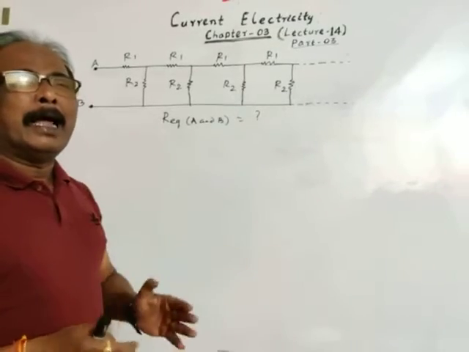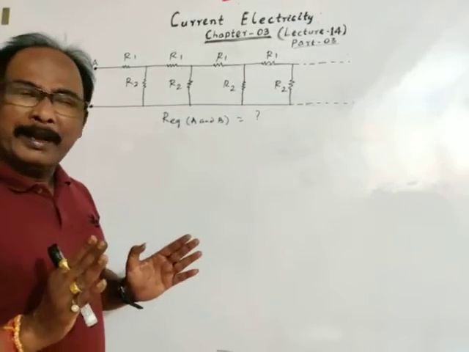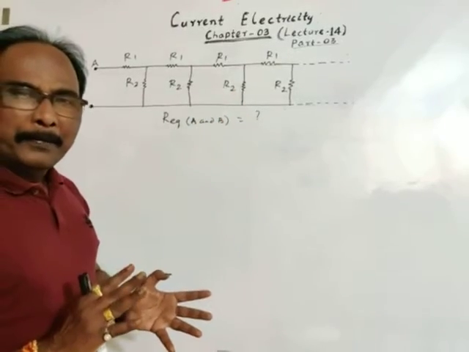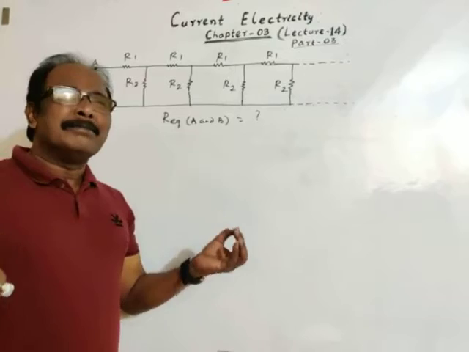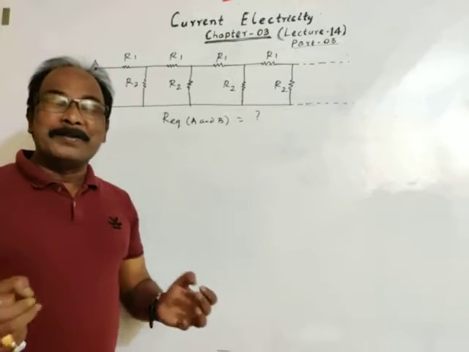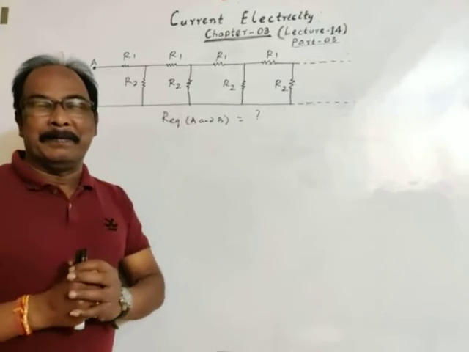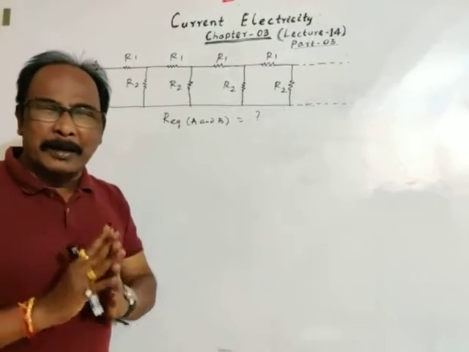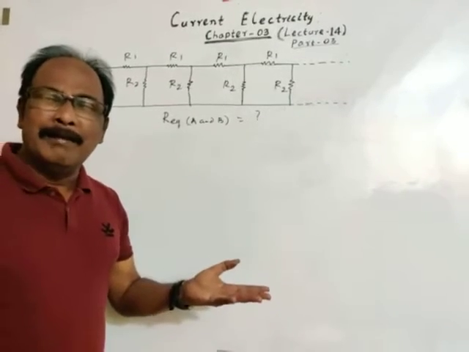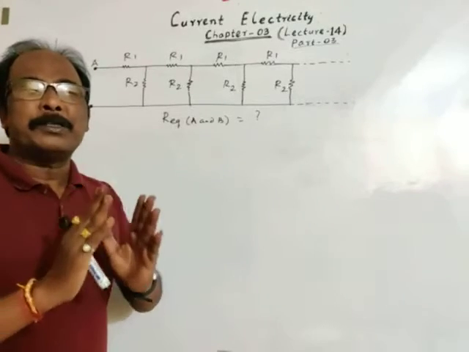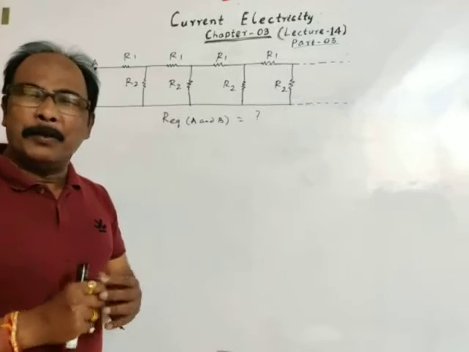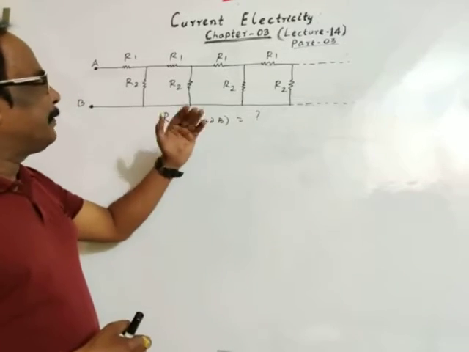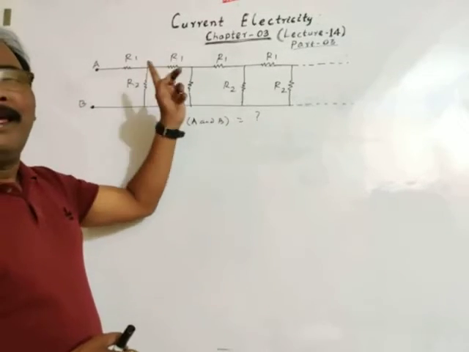But here I have not used any values, I have used variables R1, R2, so that we know the method of how to find equivalent resistance. Then we can assign any numerical values which can be given in the question. Okay, let's start. We have to find equivalent resistance between A and B.